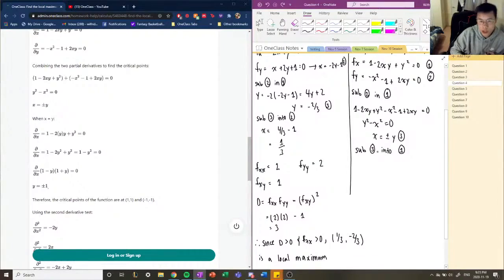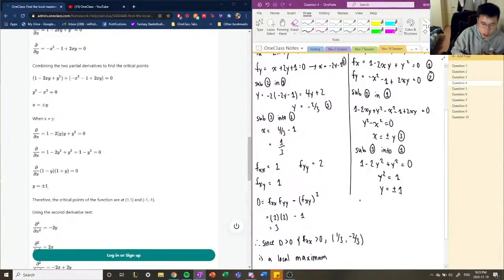So let's sub positive y, okay? So 1 minus 2y times y, so y squared plus y squared equals 0. Move this one to the other side. This equals negative y squared, but it cancels out because this one is moved over. So y squared equals 1, and that means y equals positive or negative 1.